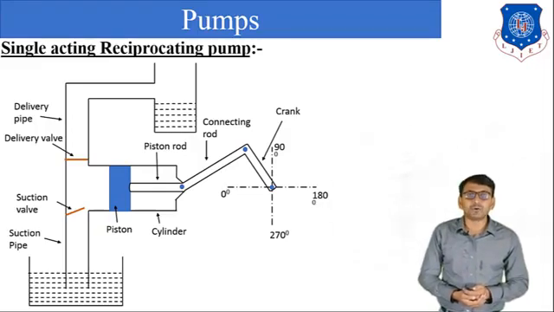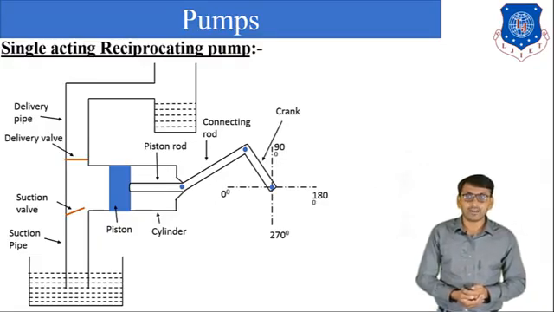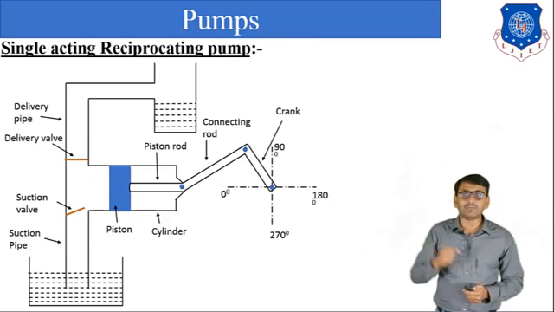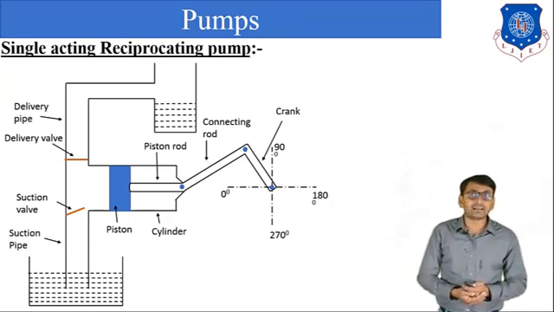The main components of this pump are piston, cylinder, suction valve, suction pipe, discharge valve, connecting rod, piston rod, crank, etc. And also in this diagram, the position of crank is denoted by 0, 90, 180, 270.